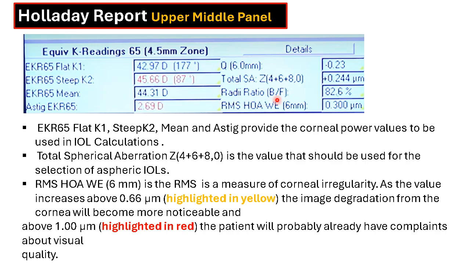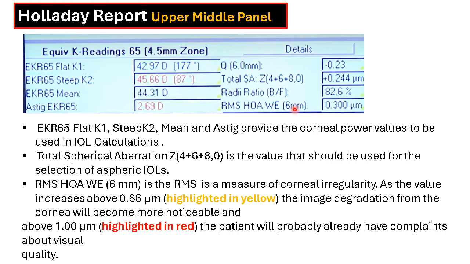The back to front ratio is the ratio of the curvature of the front surface of the cornea to the back surface of the cornea. This is very important, and this is the normal, because by this ratio we can predict what it was. Suppose you have a patient who has undergone LASIK surgery, and now you want to calculate the intraocular lens. All the measurements need the K reading from before he had the LASIK or refractive surgery.